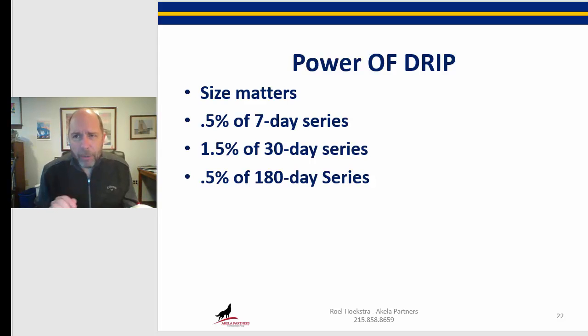So back here now to the power of drip. Size matters. It's true in lots of things, and it's very true when it comes to these drip campaigns. You're just not going to get 30% conversions off of online leads. It just doesn't work. The reality of the situation is that an online lead is relatively easy to acquire, but you're talking about a relatively big funnel at the top.